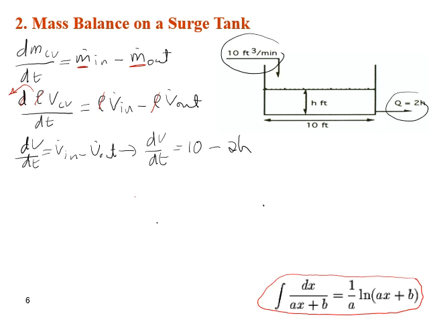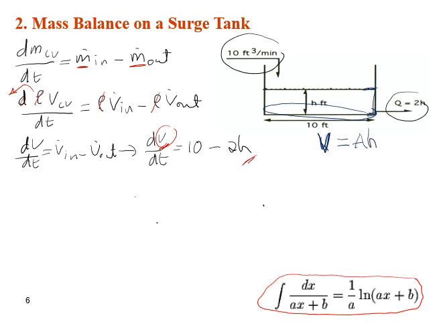So on one side I have V, on the other side I have h. So it seems I want to get rid of this V in terms of h. So what is the link between volume and height? The link is the following. You know that this is a cylinder tank, so V is equal to A, which is the area of the circle at the base, times the height.